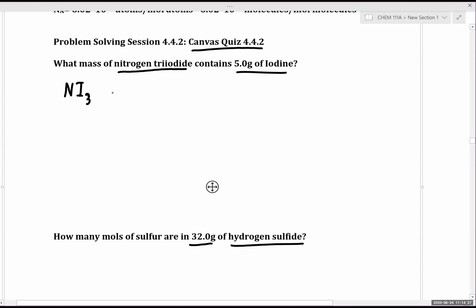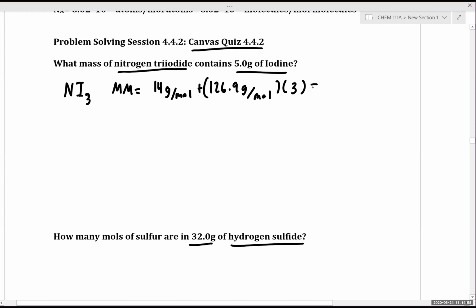Now that we have the formula, we can calculate the molar mass, which is the mass of nitrogen, which is 14 grams per mole, plus the mass of iodine, which is 126.9 grams per mole, times 3 for our 3 iodine atoms.